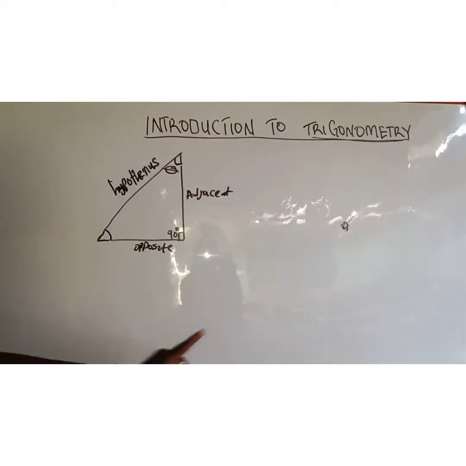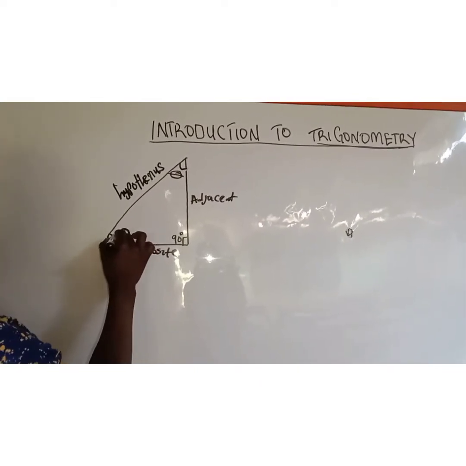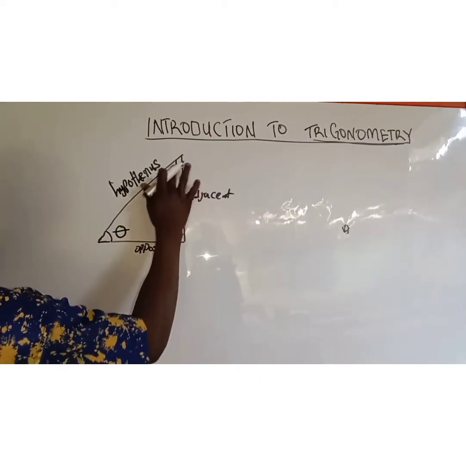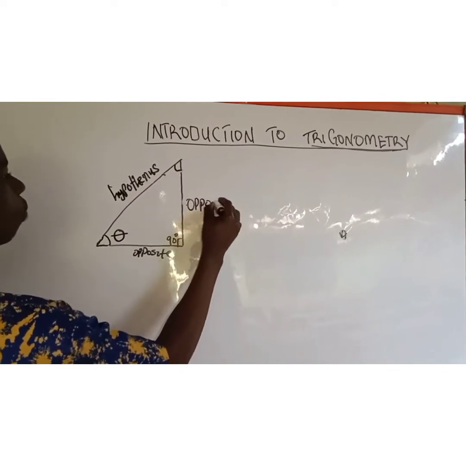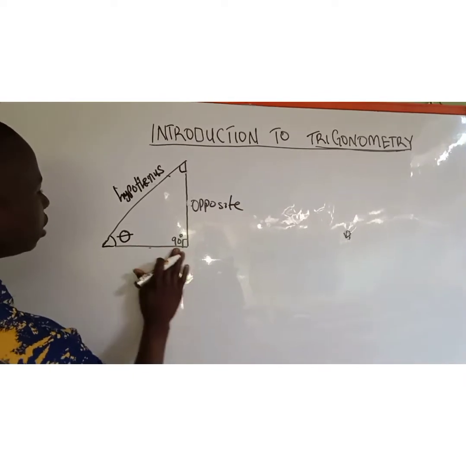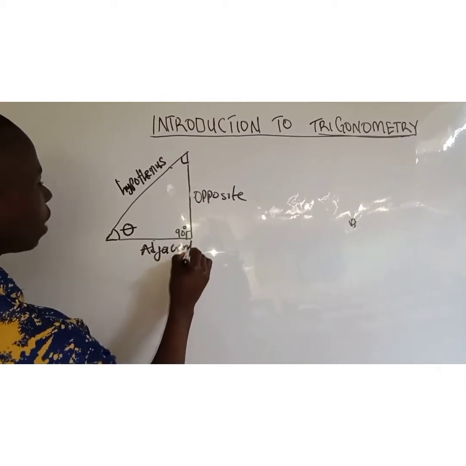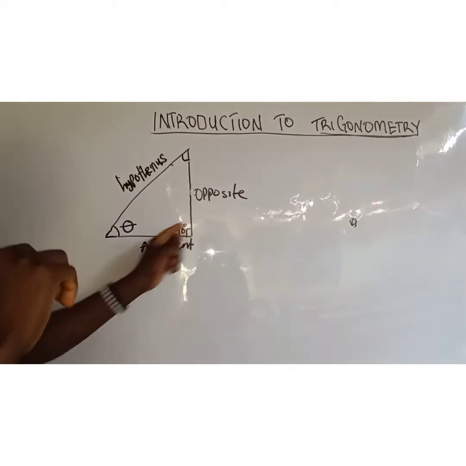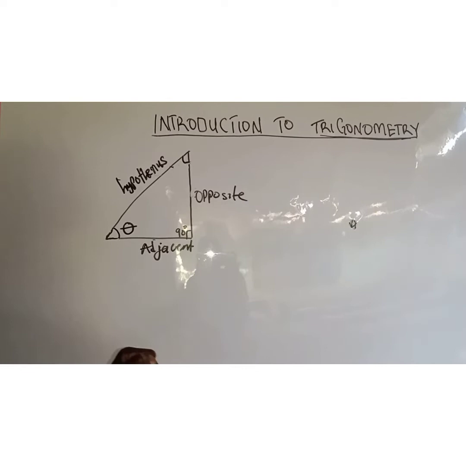But when this theta is here, then the side opposite to this angle will be this place, and this side will be my adjacent. So that is why I said earlier that the opposite and adjacent depend on the placement of our angles.